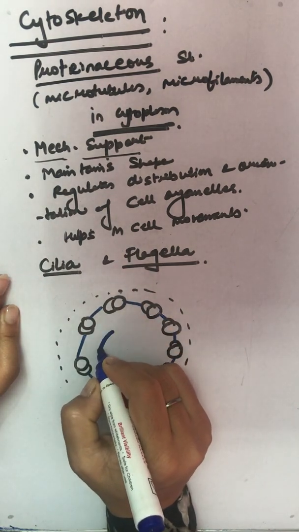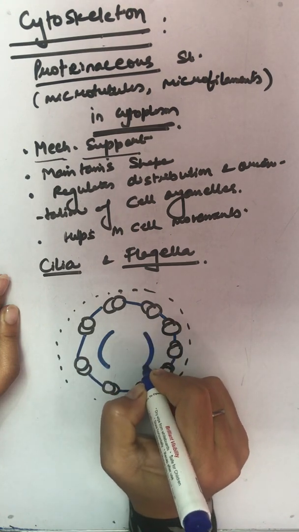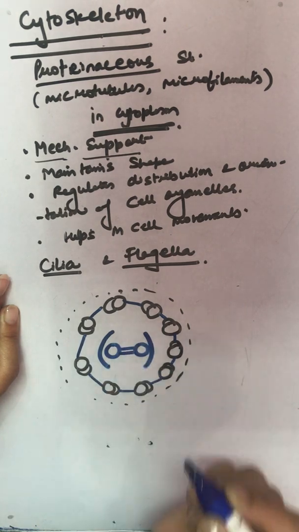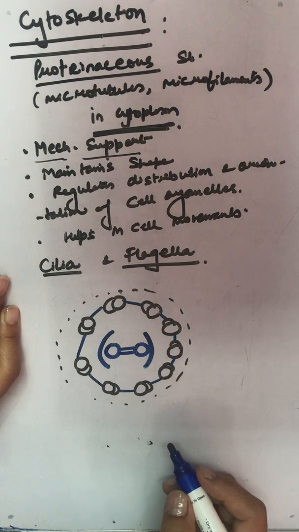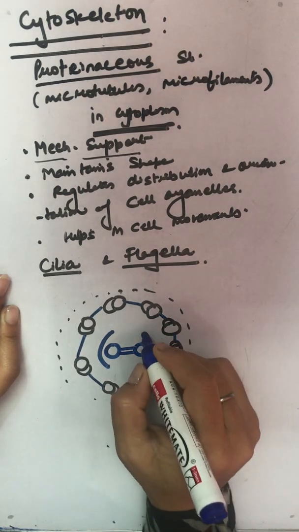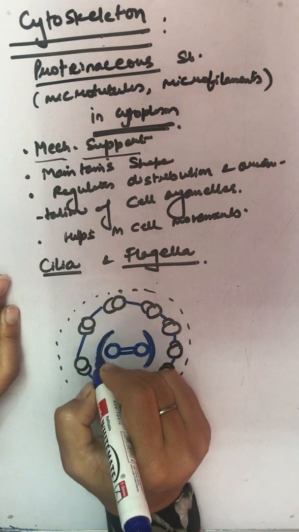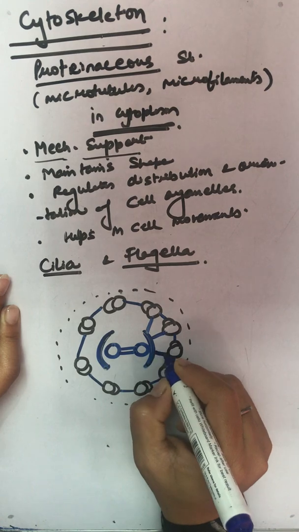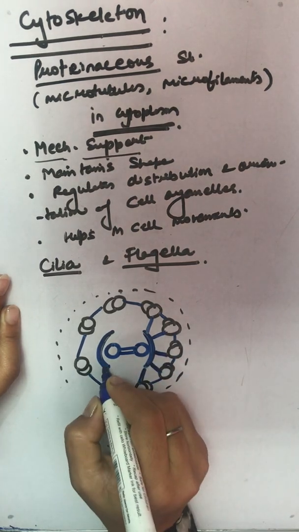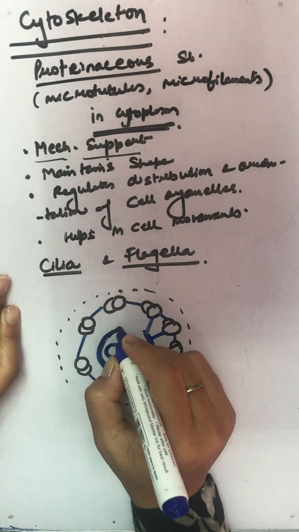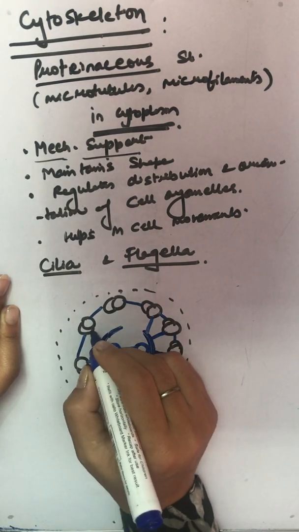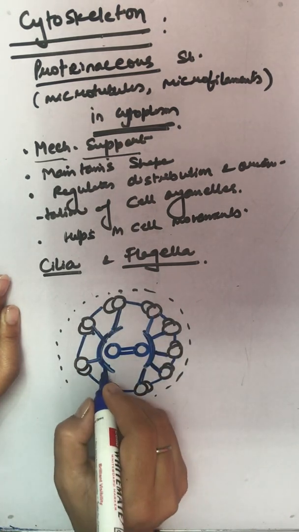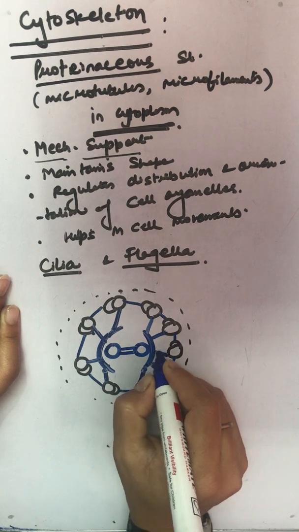Internally, they are connected to the central microtubules, which are connected to each other with an interdoublet bridge. This central sheath is supporting all the peripheral 9 microtubules with the radial spokes. These are the radial spokes with which all the peripheral microtubules are connected to the central sheath.